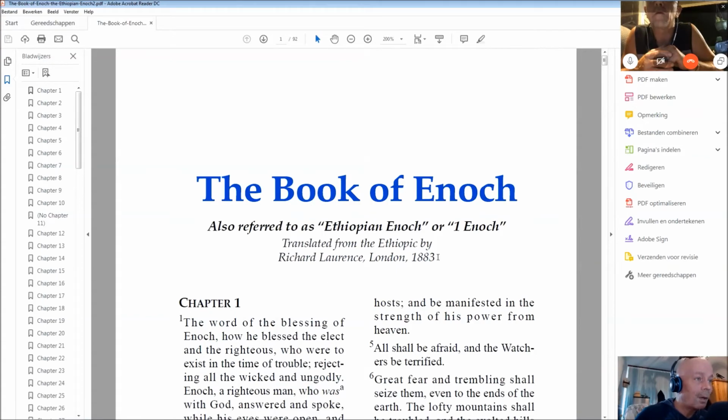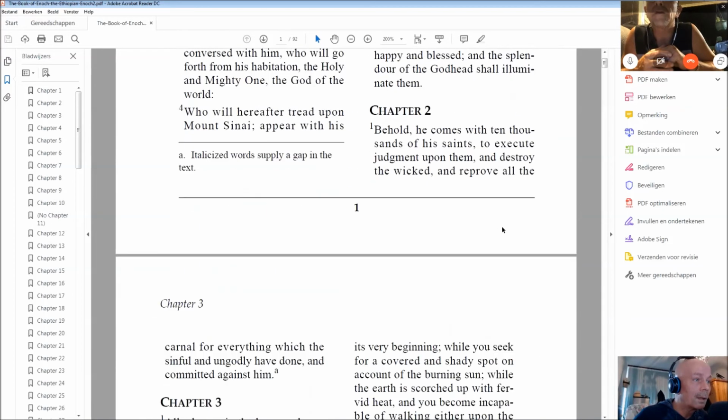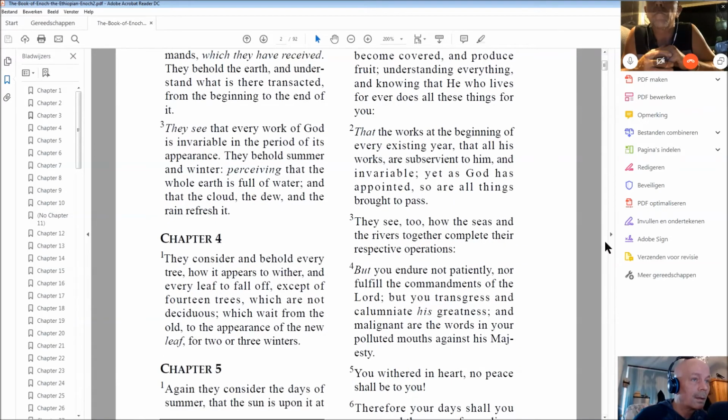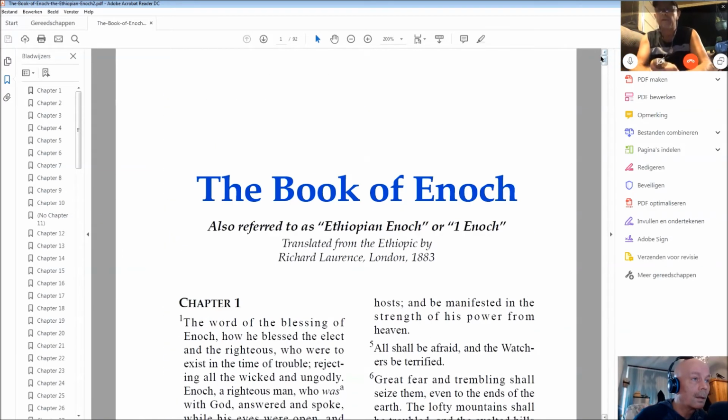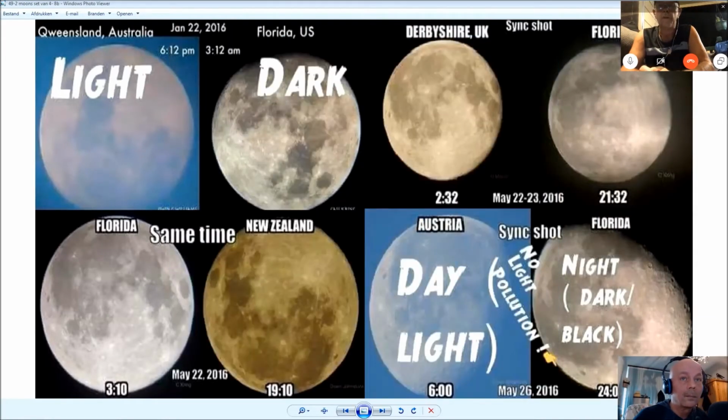Yeah, Richard Lawrence, London, 1883. I think that's the printing house. Because when he found it in Ethiopia, a British guy, he raced back to Britain and put it through the printing presses and printed off hundreds of thousands of copies of it as quick as he could. But anyway, okay.